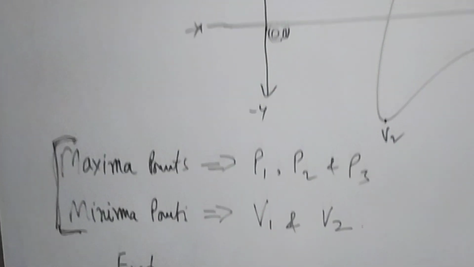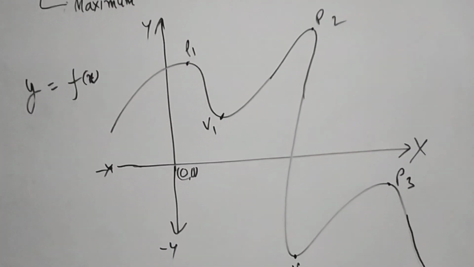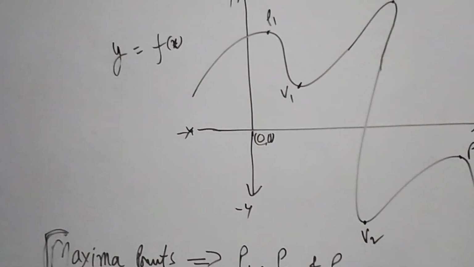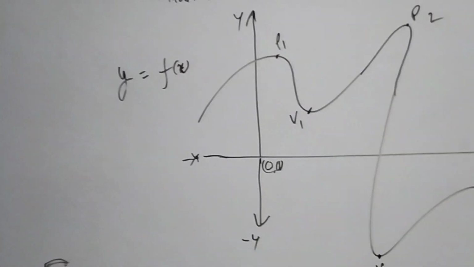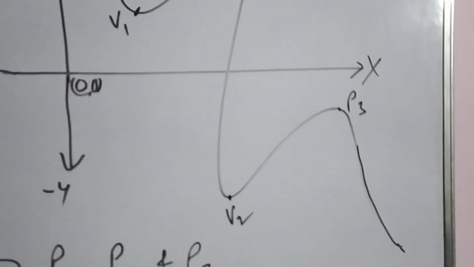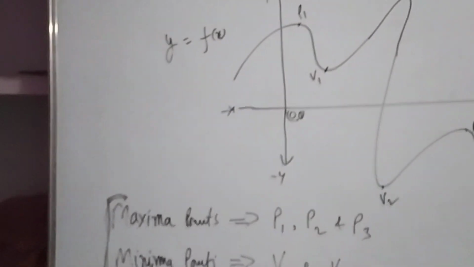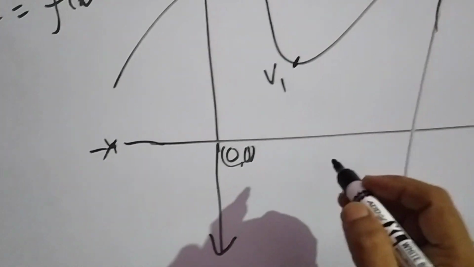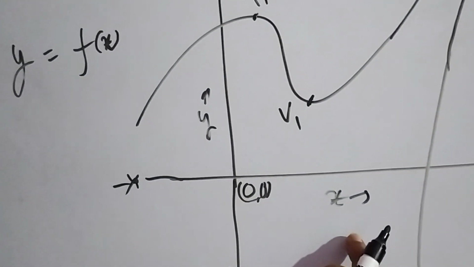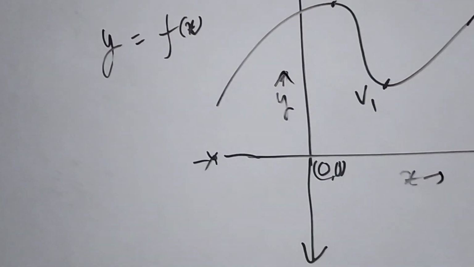So we will calculate with examples how the maxima point is calculated, how the minima point is calculated, and at what values of x the maxima is achieved, and how the valley points are calculated. As x varies, y varies. At a particular value of x, y will get a fixed value.